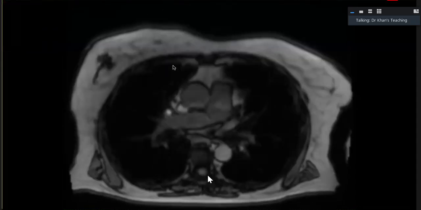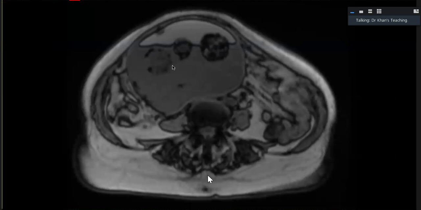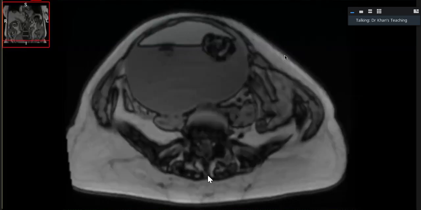The key point is that please remember that in an opposed-phase T1 weighted sequence, there will be signal dropout in intracytoplasmic or intracellular fat, but the extracellular fat will not show signal dropout. And the main evidence is that you can see this subcutaneous fat does not show any dropout.